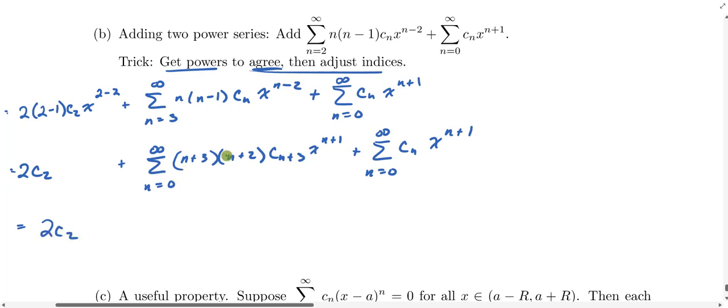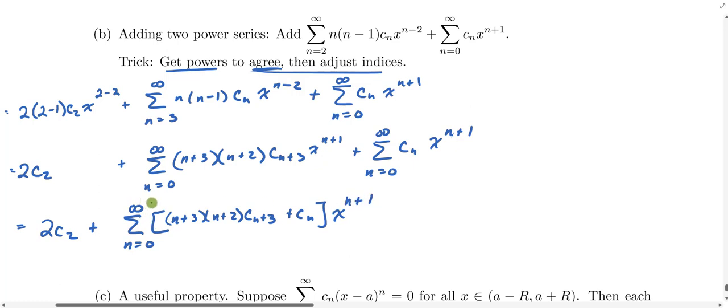And notice now I have two power series. They both have the same starting power term, and they have the same index. And so we can combine them together through the associative property. So we can say this is n equals 0 to infinity of, and then we'll put a big old bracket, n plus 3 times n plus 2 c sub n plus 3 plus c sub n, and we factor out the x to the n plus 1 in front of those coefficients.